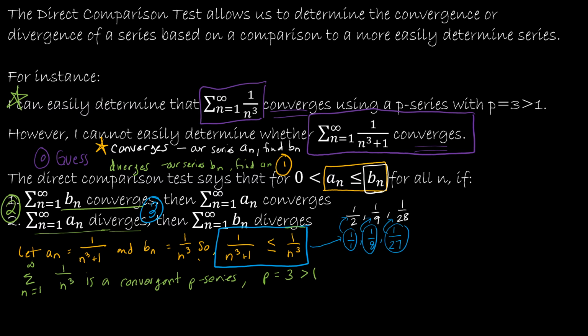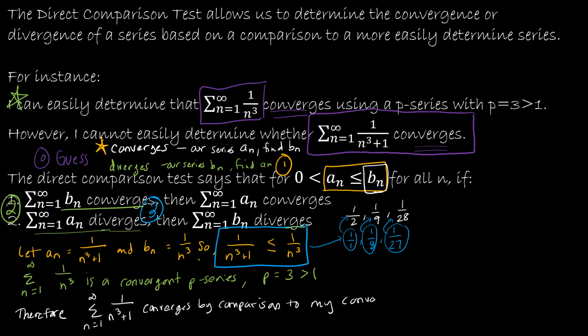And then the last step would be to say, therefore, the summation as n goes from 1 to infinity of 1 over n cubed plus 1 converges by comparison to my convergent p-series of the summation as n goes from 1 to infinity of 1 over n cubed.